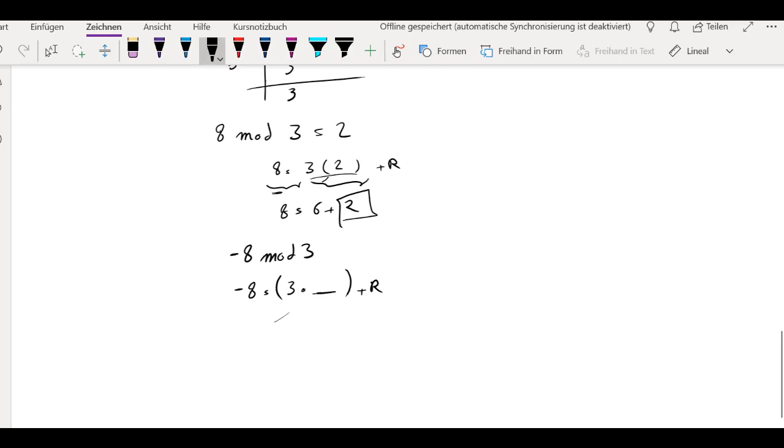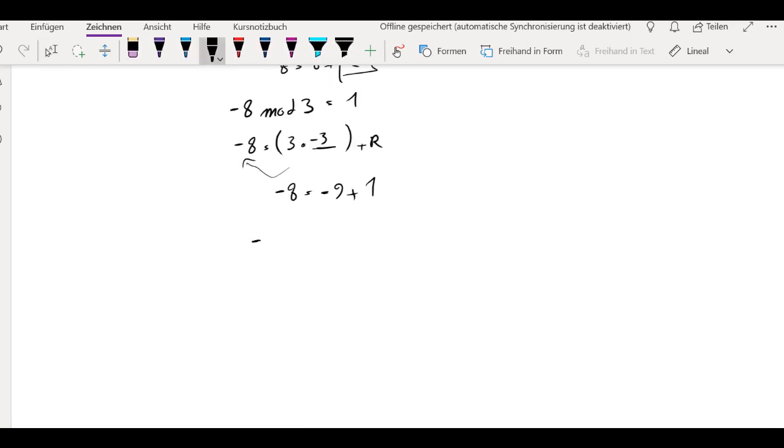Minus 3 would do it. Minus 9, so minus 8 is equal to minus 9 plus what? Plus 1. So minus 8 mod 3 would be plus 1.